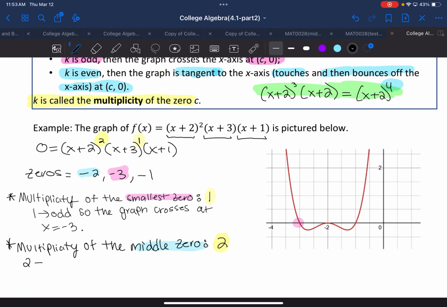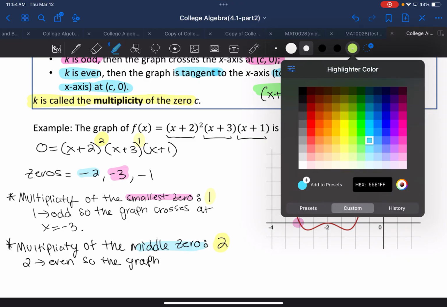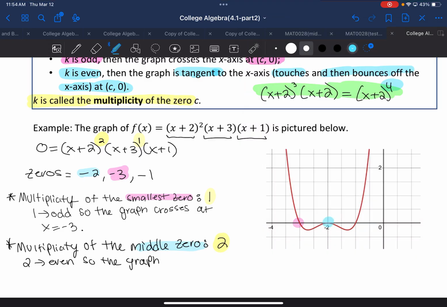So 2 is even. So when it's even, it bounces off. Or it just touches. And that's exactly what's happening here at this x-intercept at -2. You can see it in the graph.